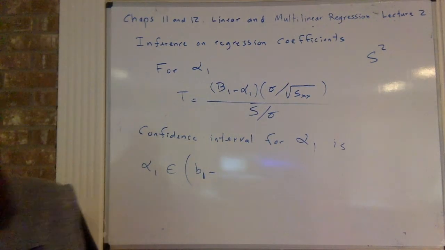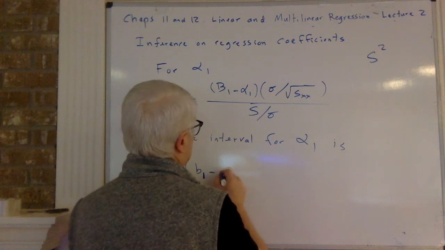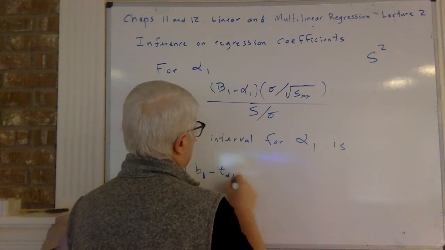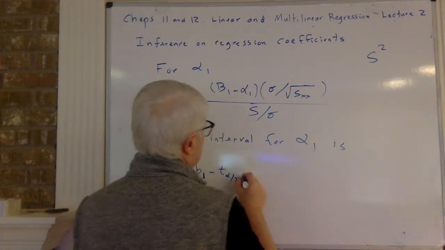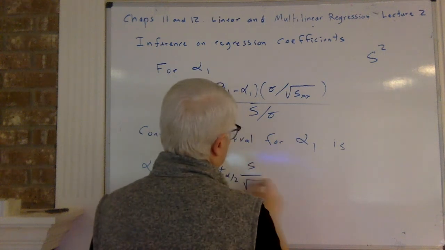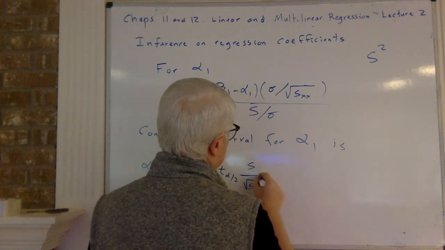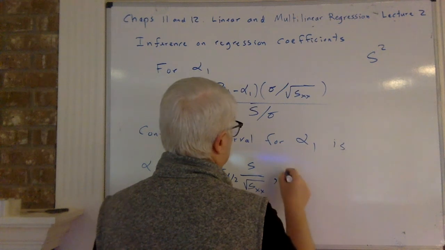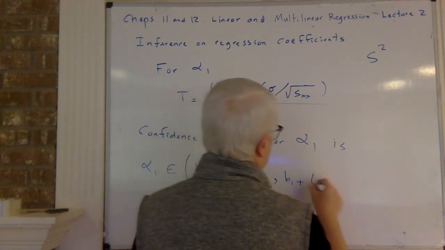Minus t alpha over 2 times s over the square root of Sxx, comma, b1 plus this.